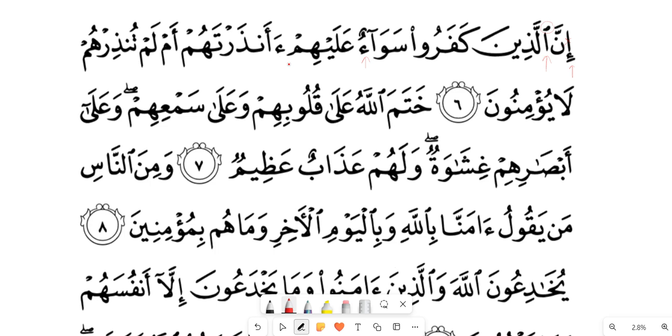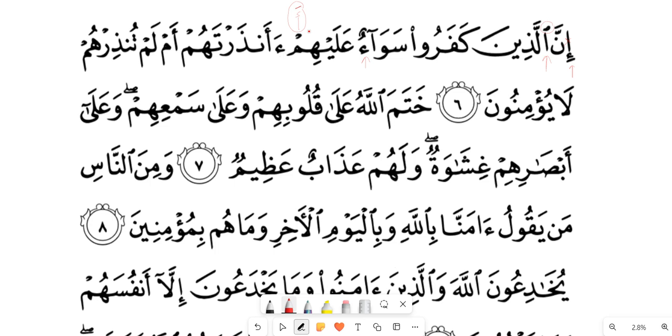Actually it is the questioning hamza, the questioning tool, like when in English you ask somebody, did you do this? Or didn't I warn you? That's where this questioning hamza comes, and it is known as hamzatul istifham.